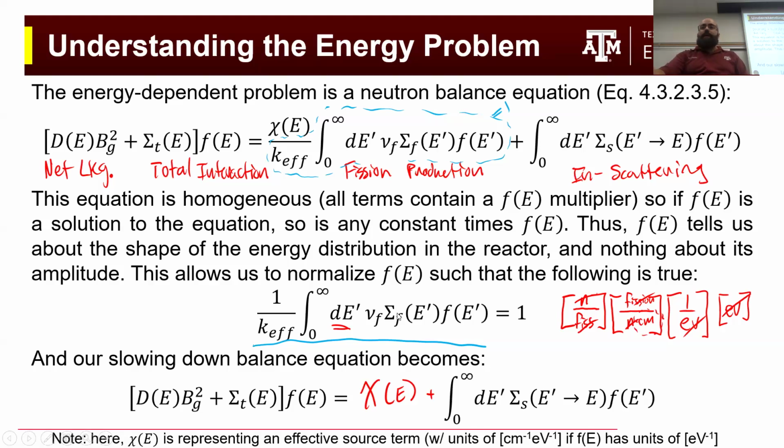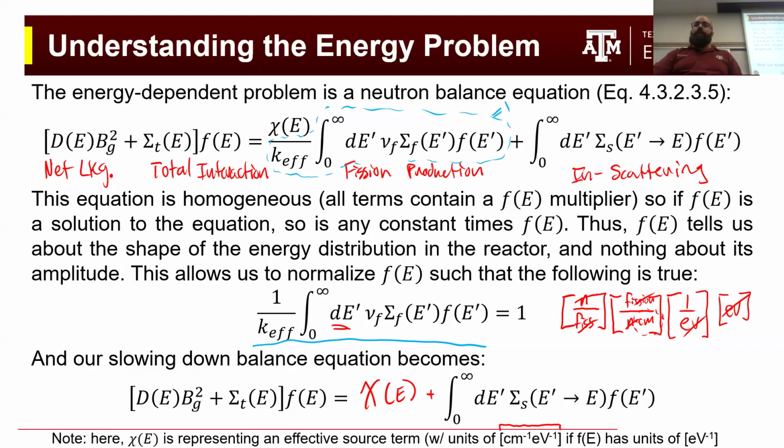So when I make this connection here, I just have to remember that this term technically has units attached to it, which means that this chi of E is going to pick up those extra inverse centimeter units. So it's going to represent an effective neutron source term that has units of inverse centimeters per unit energy.